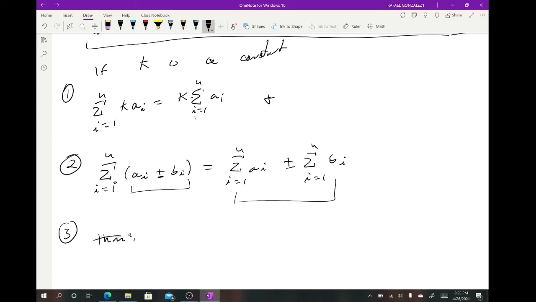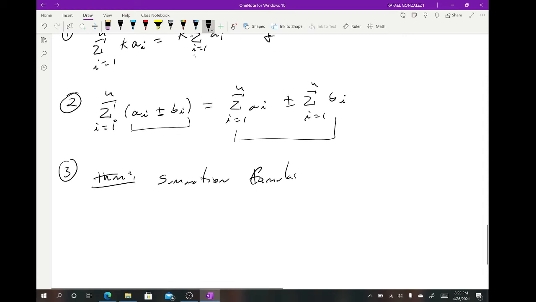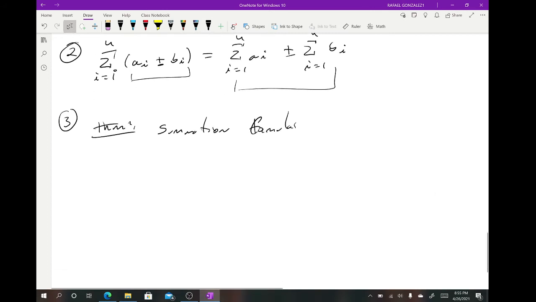This is a theorem that I'm not going to prove, at least not now, which gives you some summation formulas. The majority of these formulas took some time for mathematicians to figure out back in the day, but I'm definitely thankful that we have them. Number one is the following: if you have the sum from i equals 1 to n of c, this is just equal to cn.